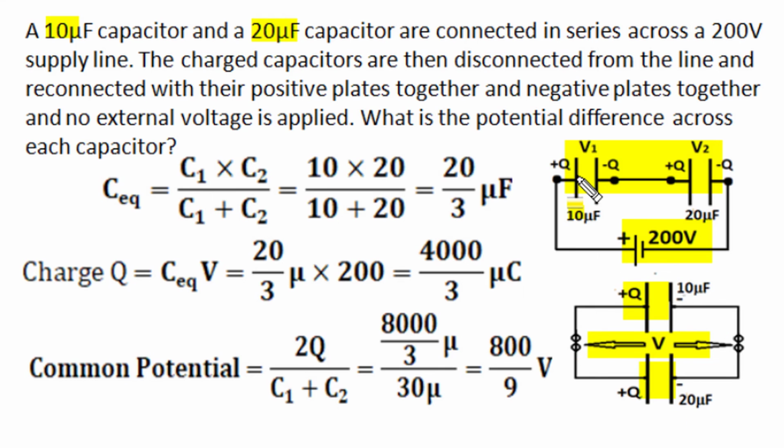So for the common potential we have to find out the total charge on the capacitors, and we have to divide that by the total equivalent capacitance of the parallel connection configuration.